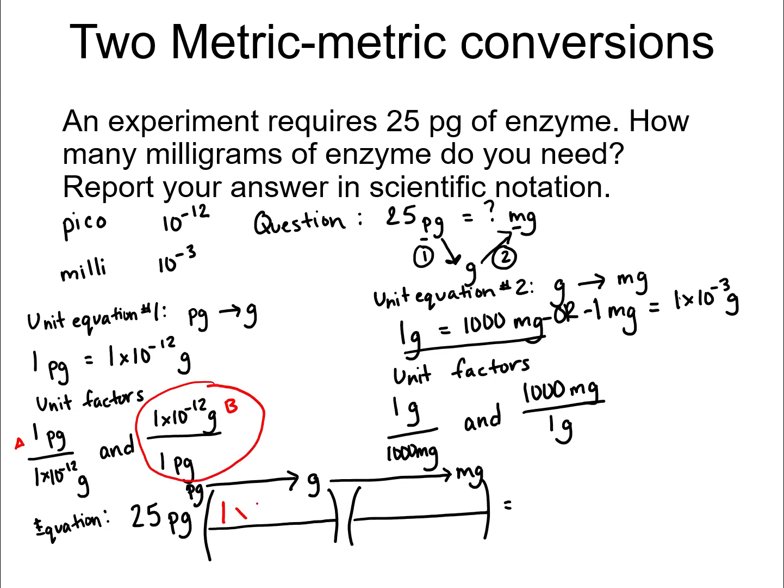I'm going to choose B. We've already got picograms in the numerator, that's the top number. I have to have picograms in the denominator, or the bottom, of my unit factor to cancel it out.